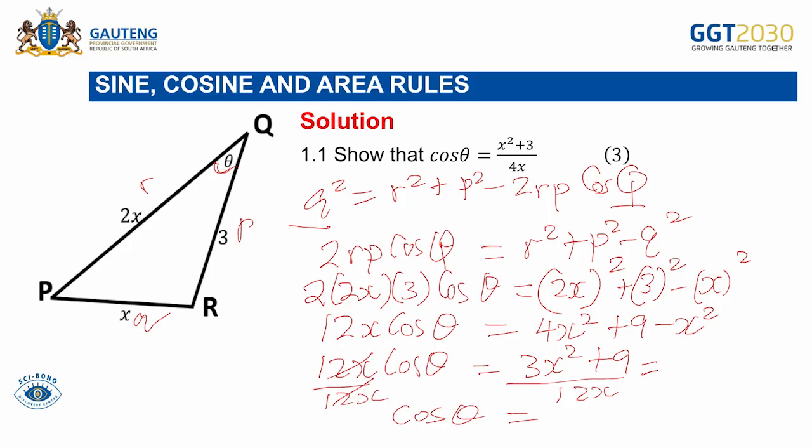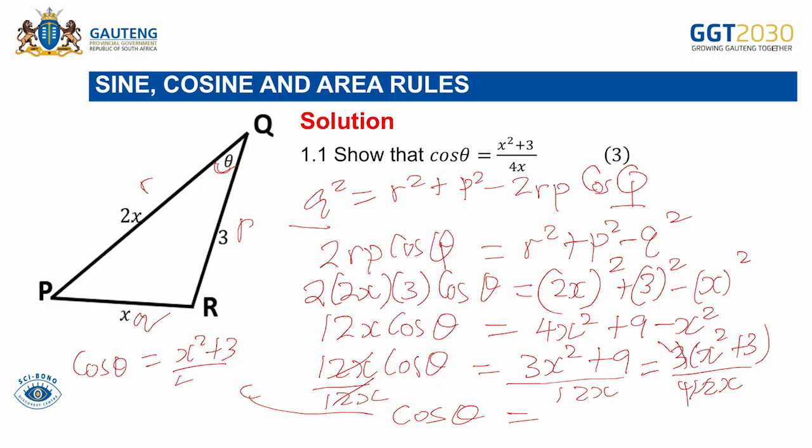Yes, our 3 is common. So we factor out 3. We are left with x squared plus 3 divided by 12x. Then the 3 can divide into 12 to give us 4. So our final answer, therefore, is cos of theta equals x squared plus 3 divided by 4x, which is what we're asked to prove.